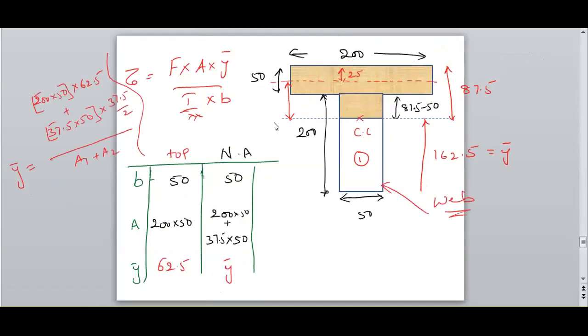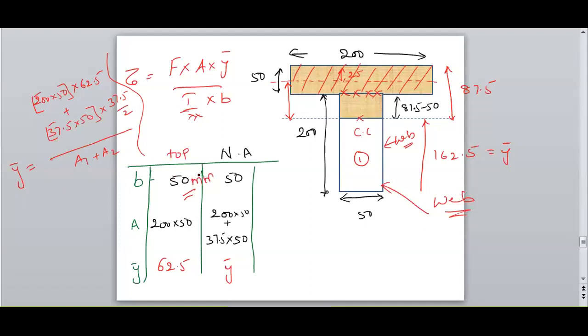Now, I need to consider the EF line at the top of the web. Therefore, the shaded area is again the same shaded area. Now the width will be, we are considering only the web, therefore the width will be 50 mm.